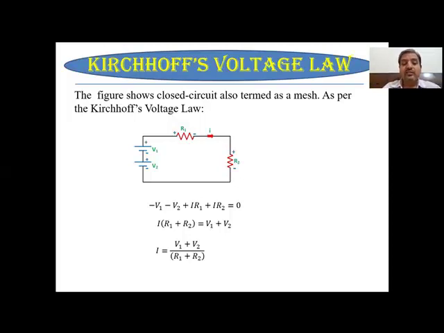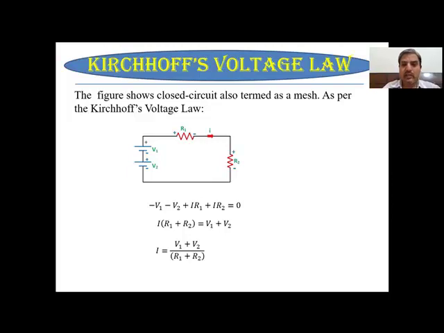From the orientation of the batteries, we can find that both batteries V1 and V2 are connected in additive mode, meaning combined mode, so it can be written as V1 plus V2 combined, because the positive sign of V2 is connected to the negative sign of V1. So both batteries are connected in the same phase, in the same direction, so they will be added.